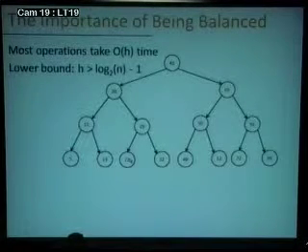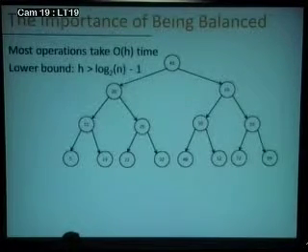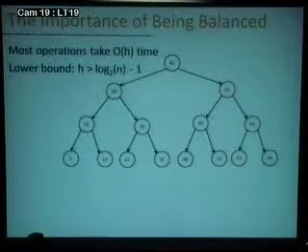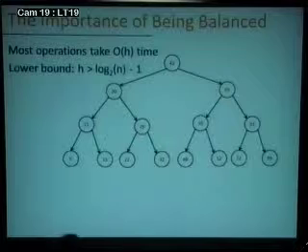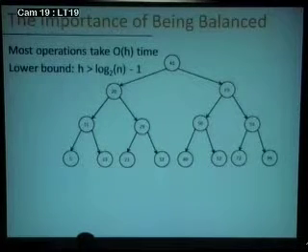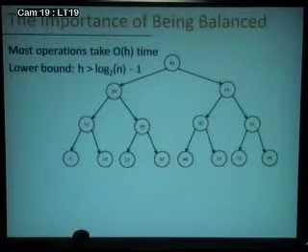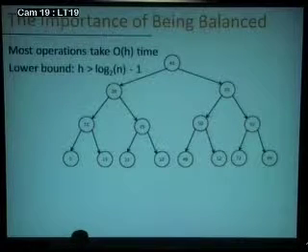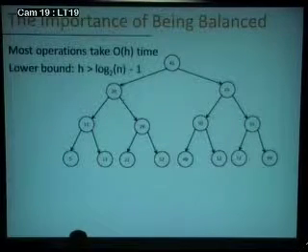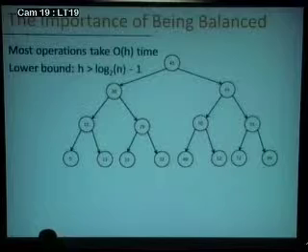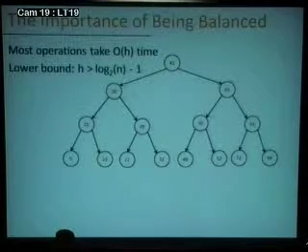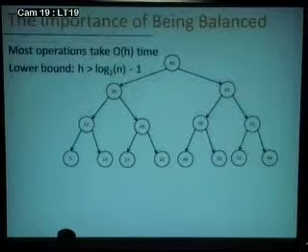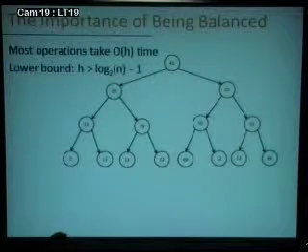Alright, so let's look at the importance of having a balanced tree. You see that most operations are O(H), right? Let's establish the lower bound. How low can the height of a tree of n vertices be?